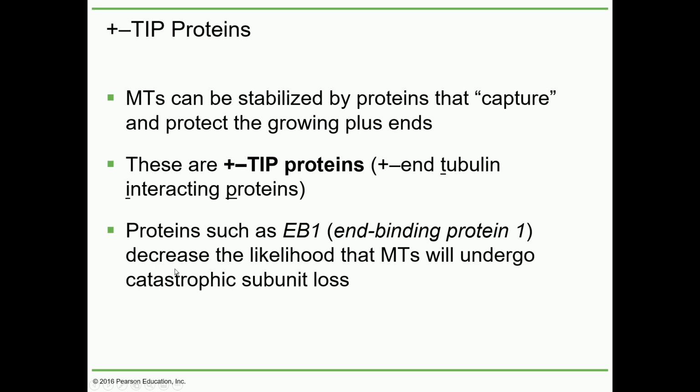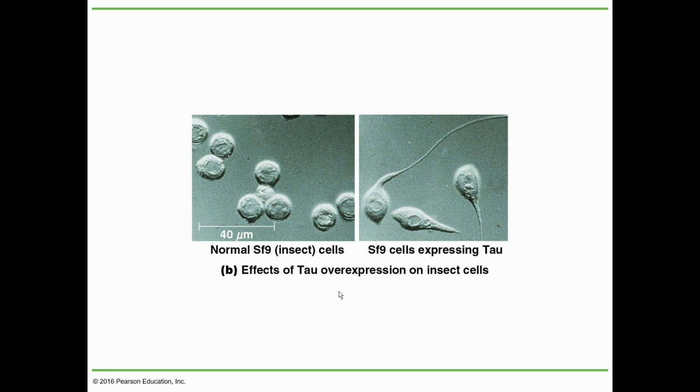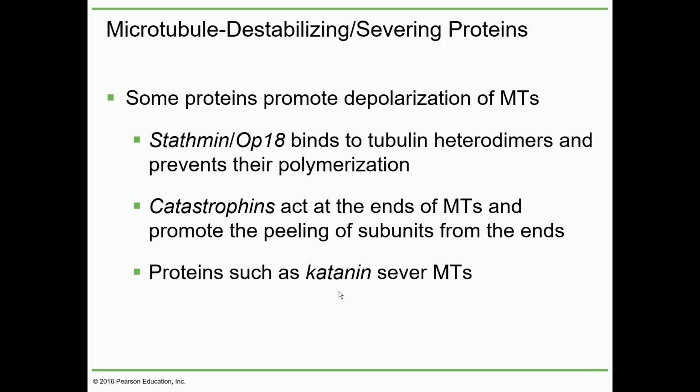They decrease the likelihood that microtubules will undergo catastrophic subunit loss. And these are the microtubule destabilizing or severing proteins. You can go over these names, and they're important.